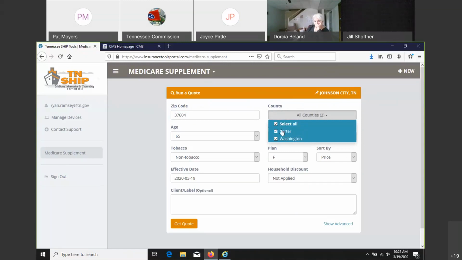If you are doing a comparison for somebody and it brings up that zip code being open for multiple counties, then we want to make sure and select the correct county for which we're looking. I'm going to go ahead and just use this zip code, 37604, and I'm going to say that this person is, in fact, in Washington County.